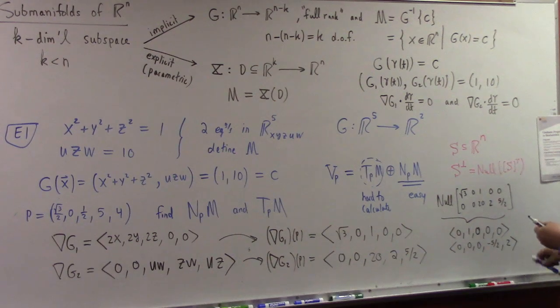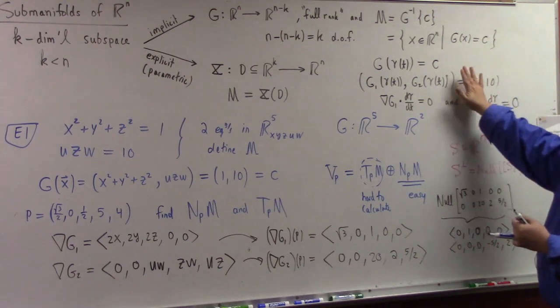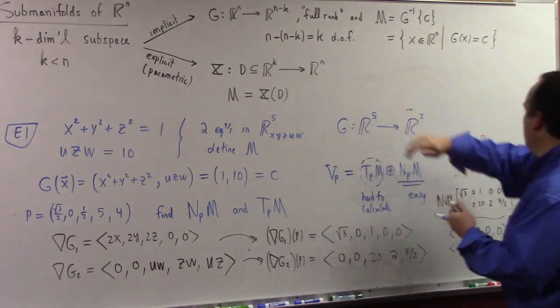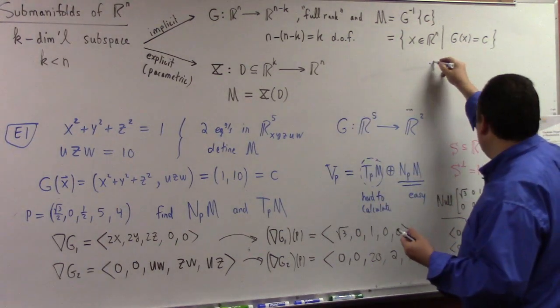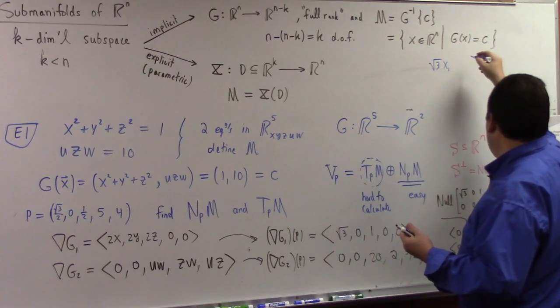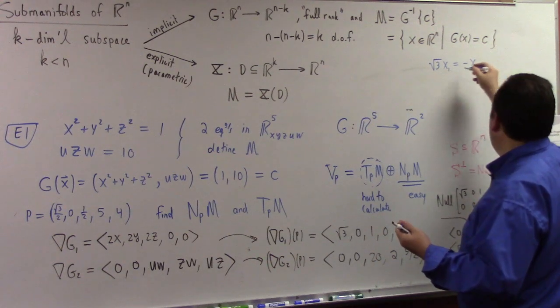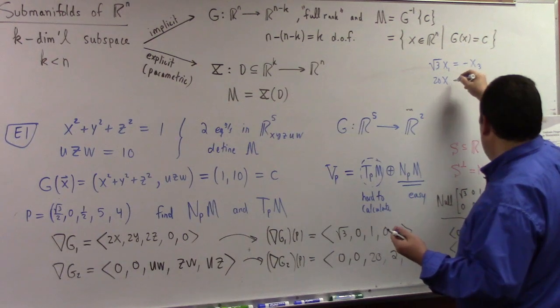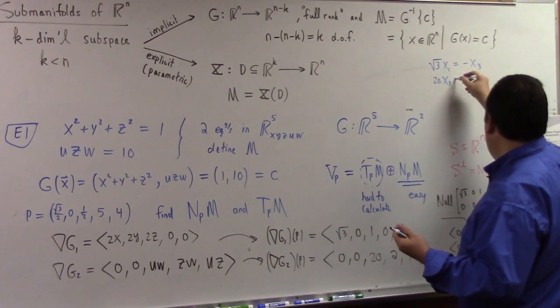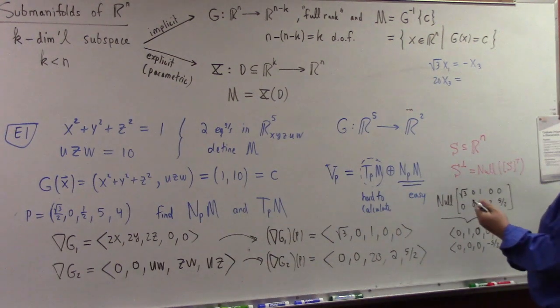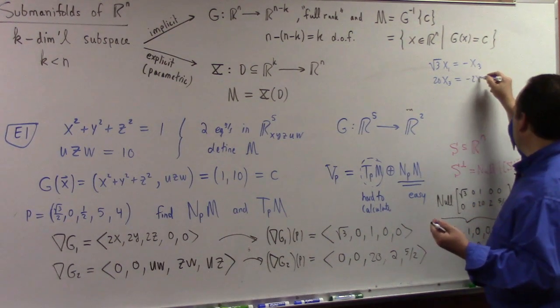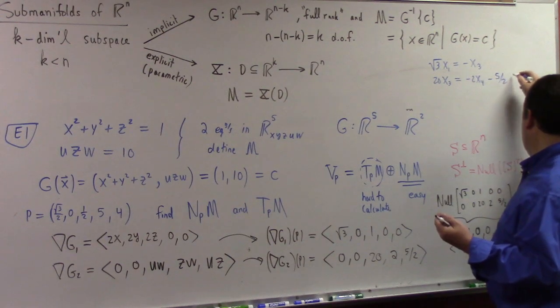So on the one hand, the square root of 3 x1 equals minus x3, and then I have 20 x3 equal to minus 2 x4 minus 5 halves x5.